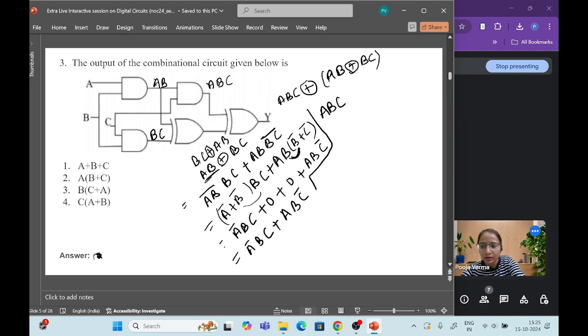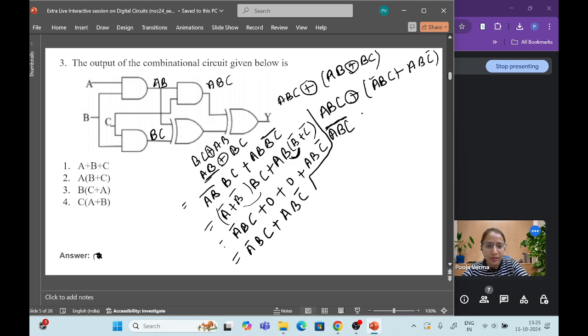ABC XOR with this part, A dash BC plus ABC dash. Now if we further solve it, ABC dash plus, into this part, A dash B, right? This will act as one component, this one is another one.